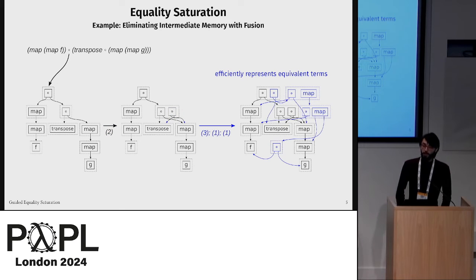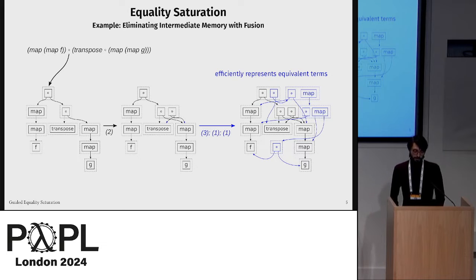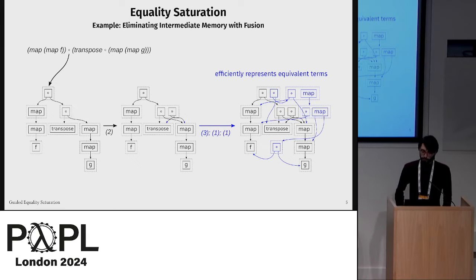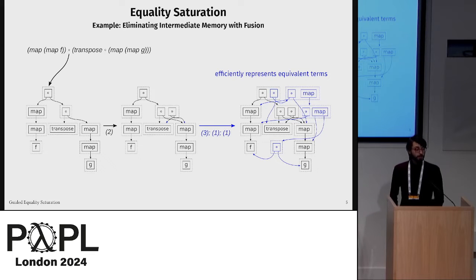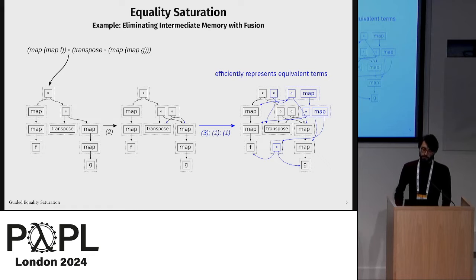We can keep applying more rewrite rules in this way, and at this point the E-graph efficiently represents many equivalent terms because it is doing a lot of sharing. So we have a lot of nodes that are referring to the same equivalence class, and each equivalence class encodes many equalities.